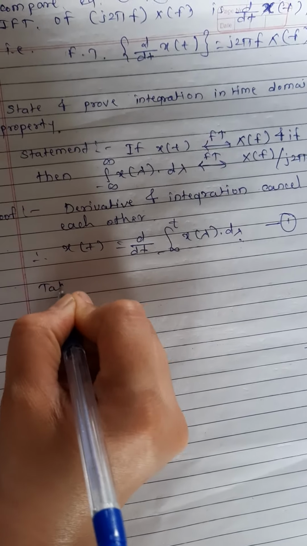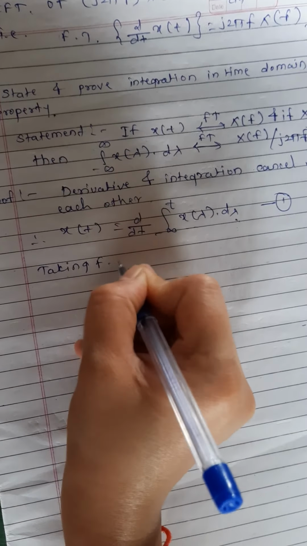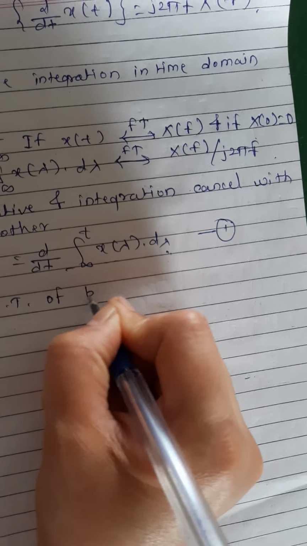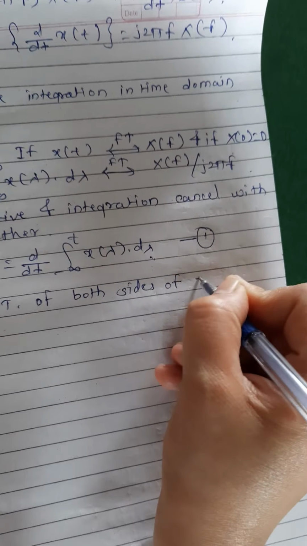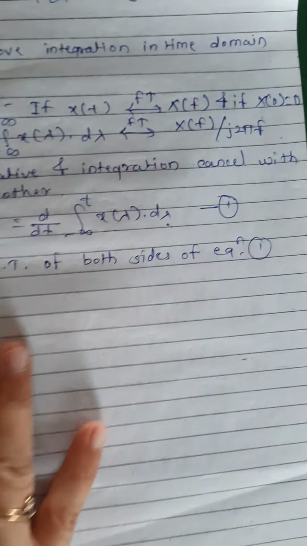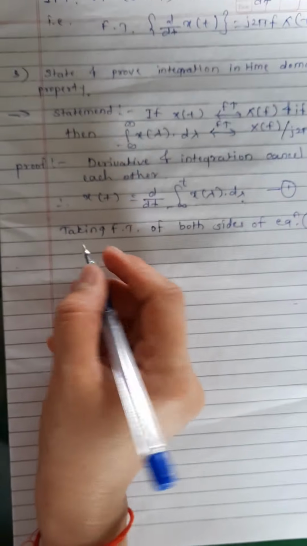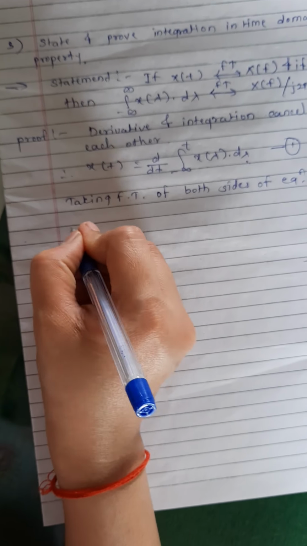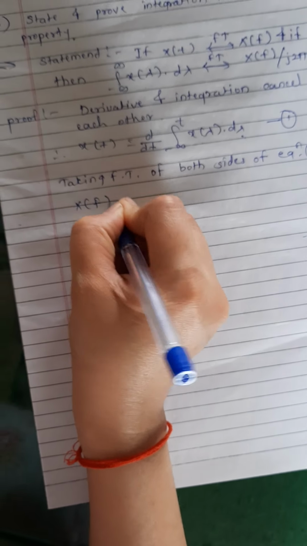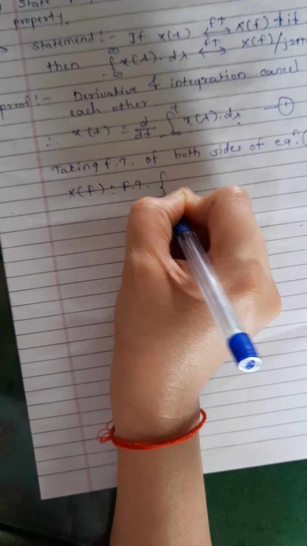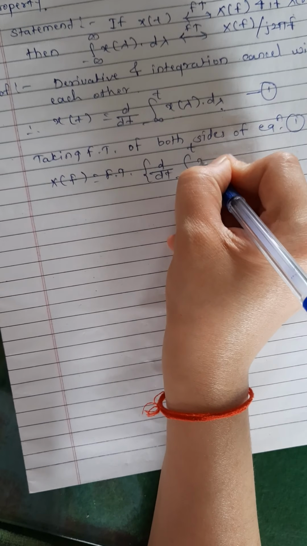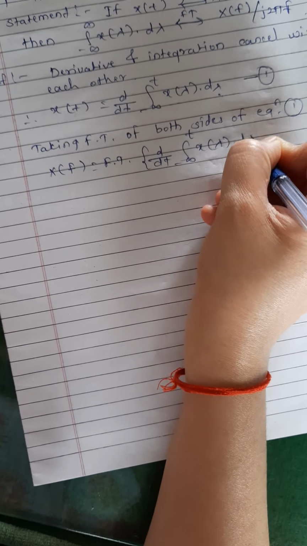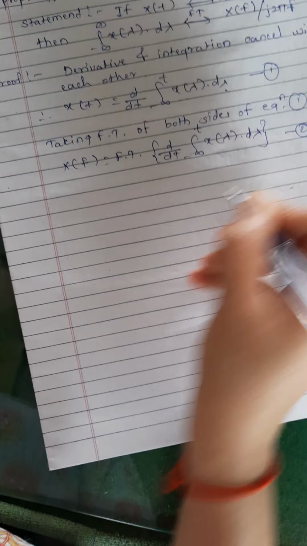So taking Fourier transform of both sides of equation 1, we can write X of f is equal to Fourier transform of d by dt of the integral from minus infinity to t of x of lambda d lambda. This is equation 2.